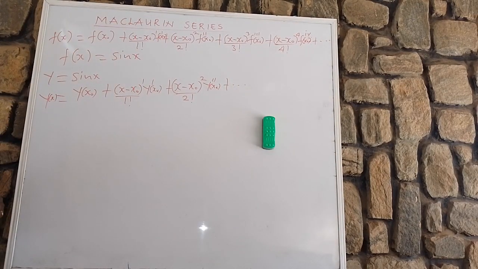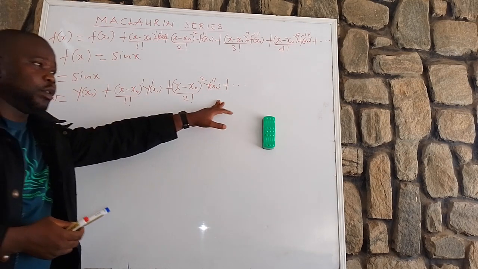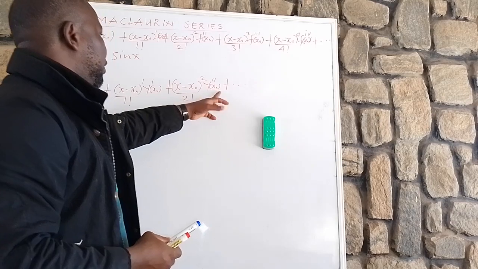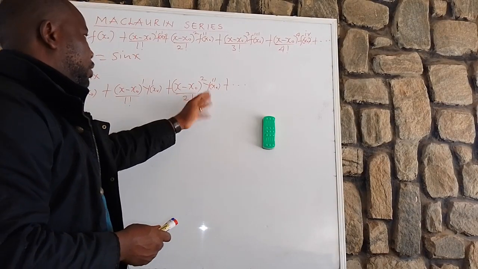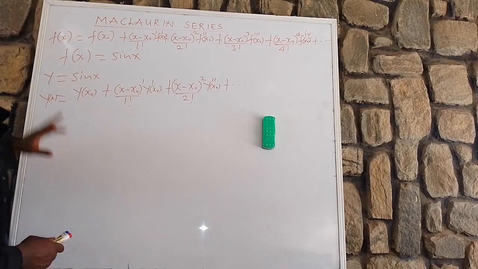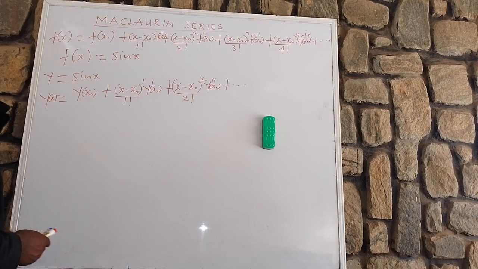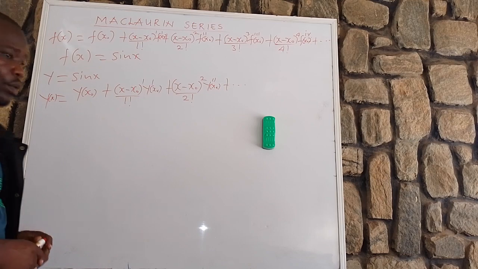So if it comes this way, this is the formula you are supposed to use. This x naught is not necessary, but if you wish, no problem.